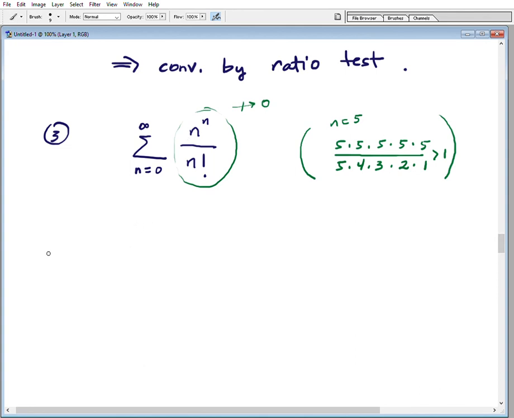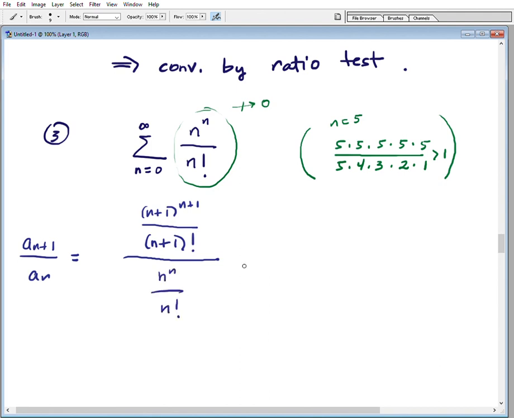But let's do the ratio test, since that's what we're doing here. n plus 1 here, to the n plus 1. And now we'll just flip the denominator.